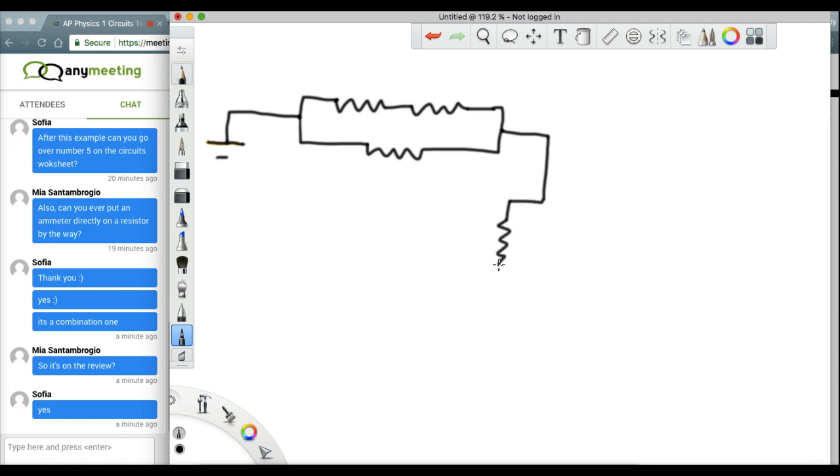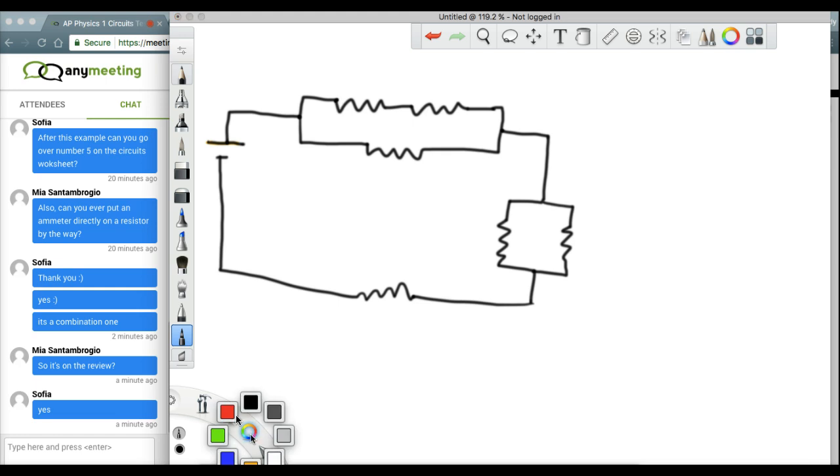Then we have these, and then we have that guy there. So what do they tell us? They tell us that the current from the source is 2 amps. So I know that the current running through here is 2 amps.